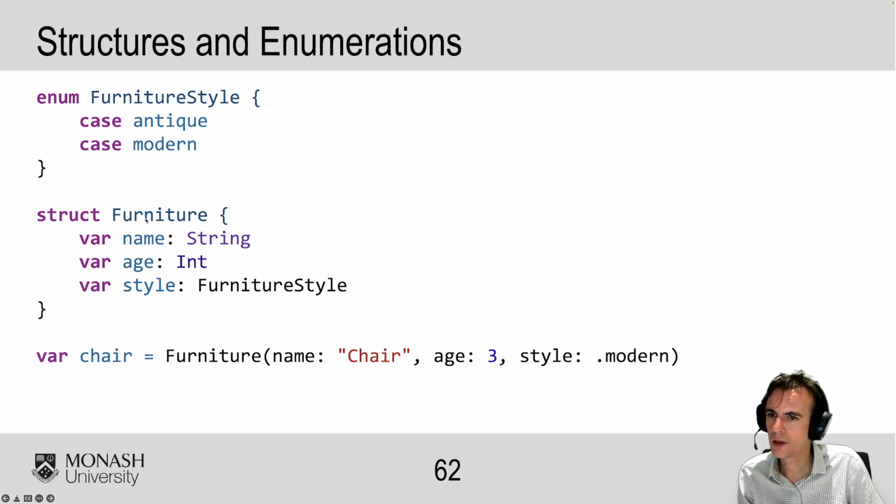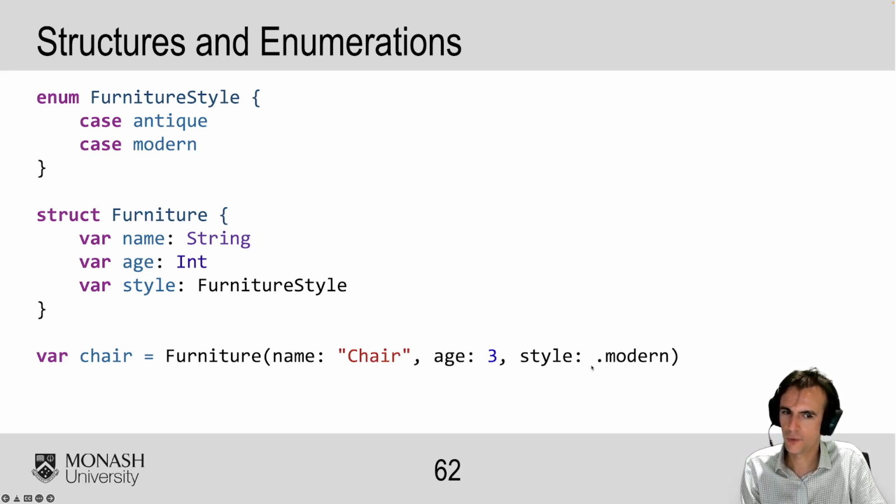So then if we create a furniture struct, which is just a structure that has three properties, in this case name, that's a string, age, that's an int, and style, which is this enum type, then if we want to create an instance of this structure, we just say furniture and call the initializer, and it has one created for it based on just the three properties it has, and we have to specify chair, age, and here when we want to specify the name of the style, we can actually say furniture style.modern, but because it knows the type is furniture style here, we can just say .modern.